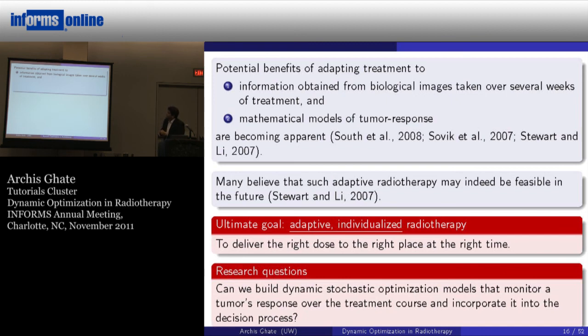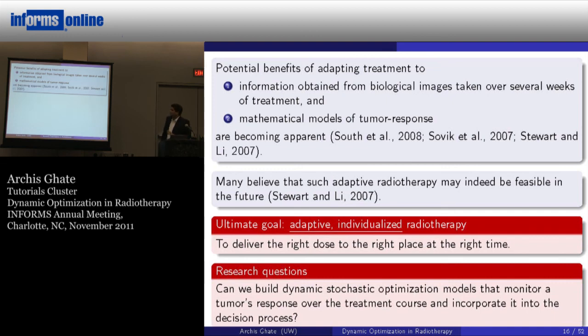So the idea is, are there benefits to potentially adapting treatment to information that you can obtain from these kinds of images over several weeks of treatment? Perhaps by taking multiple images over the 50 days of treatment, for instance, rather than just one. And can you combine those with mathematical models of tumor response?